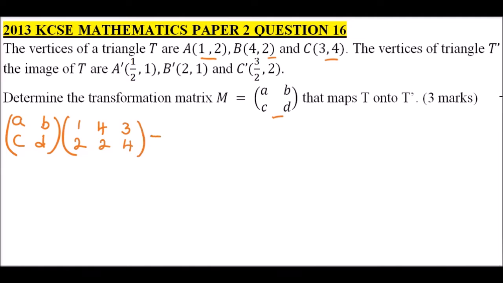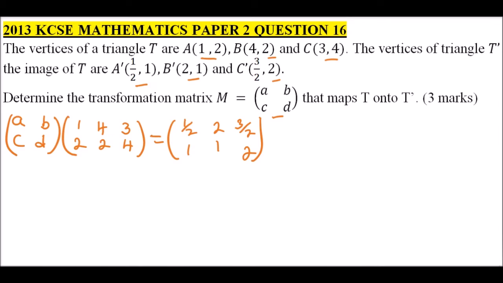That should give us the matrix formed using the coordinates of the image, which is a half, 1, this is 2, 1, and this is 3 over 2, and 2. So this is going to help us get our A, B, C, D.